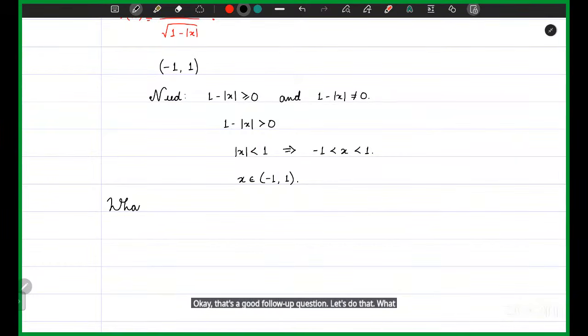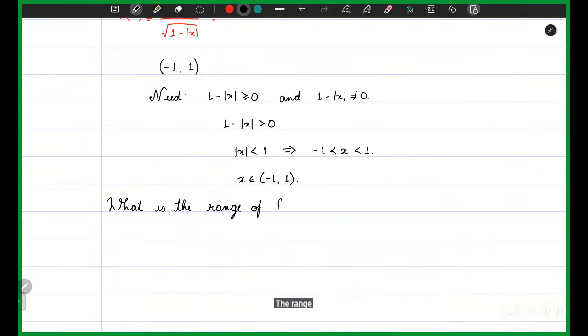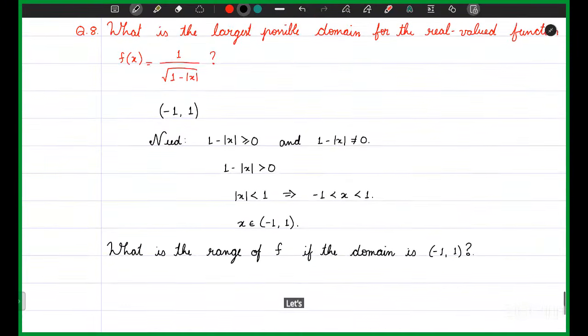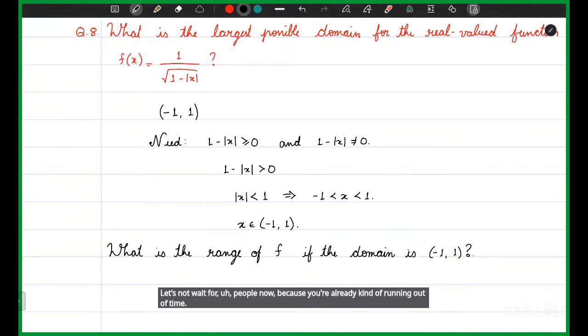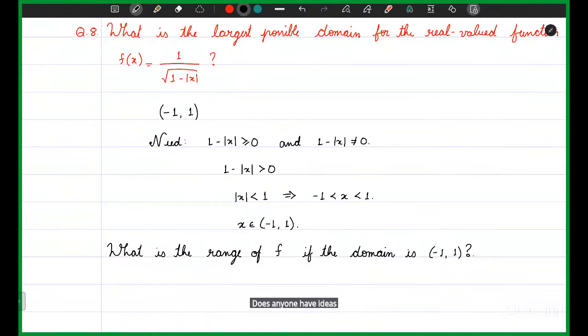What is the range of f if the domain is this? Let's not wait for people now, because we're already kind of running out of time. Does anyone have ideas how to approach this?